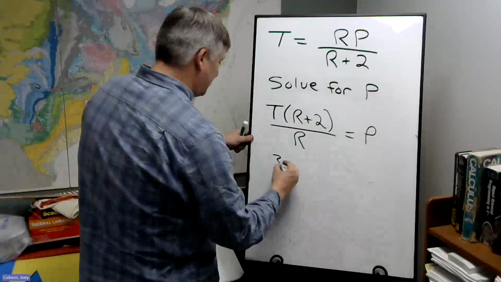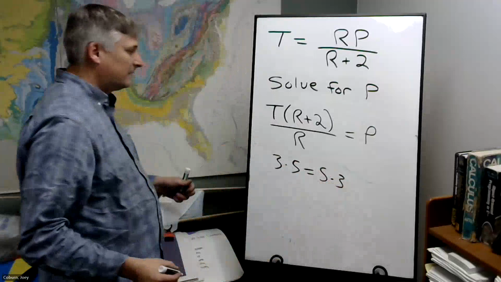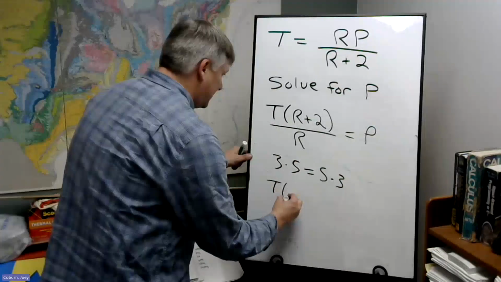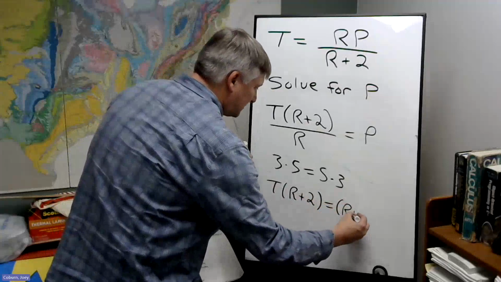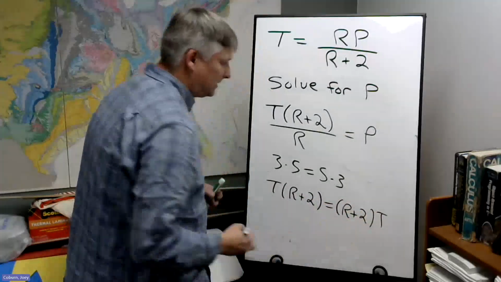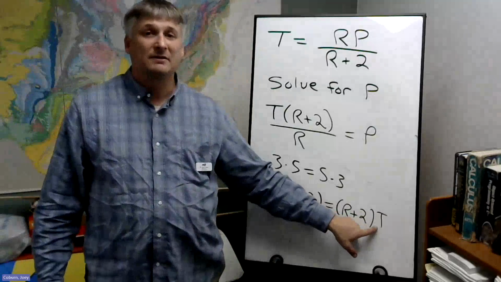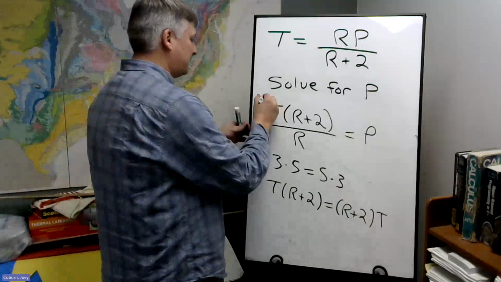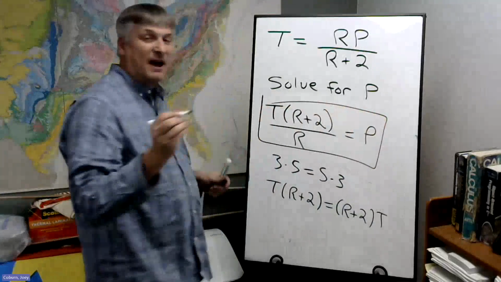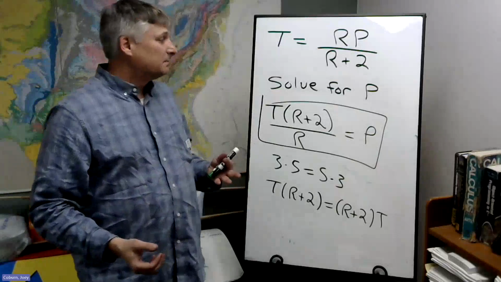So in the same way, 3 times 5 equals 5 times 3, t times r plus 2 equals r plus 2 times t. The t can be multiplied on this side or multiplied on that side. It's okay. And so this is also a valid answer. So that's it. If you have any questions, let me know.